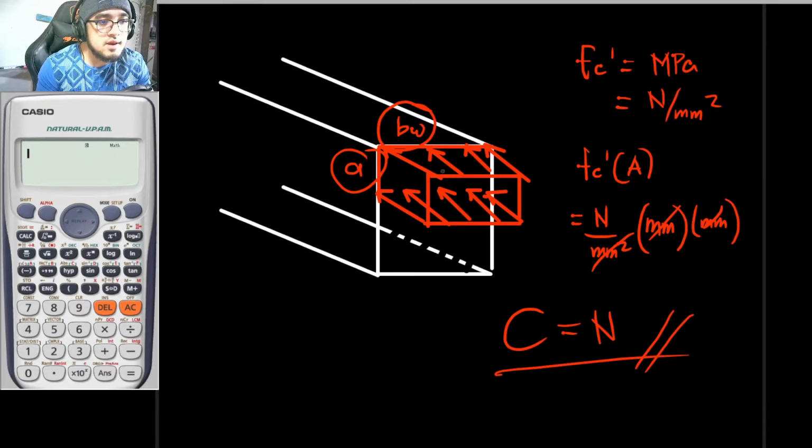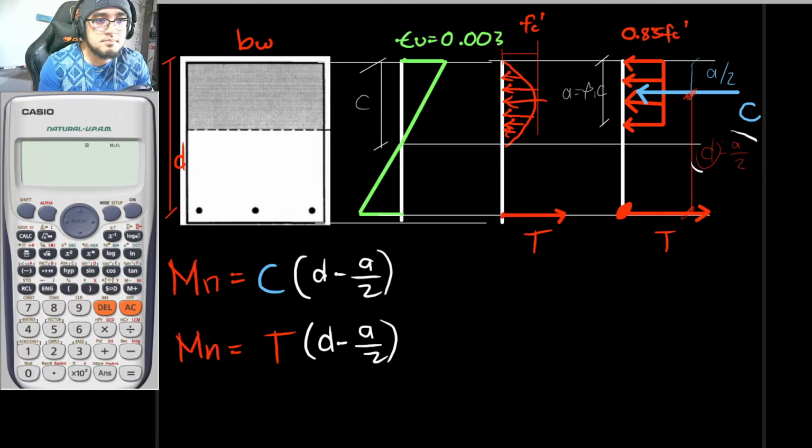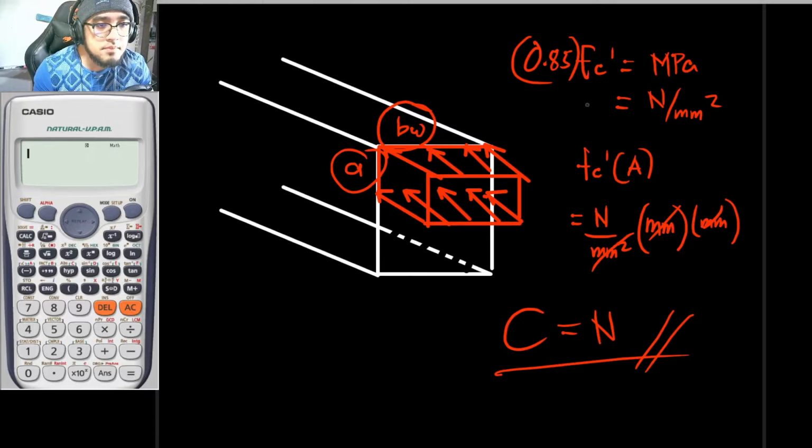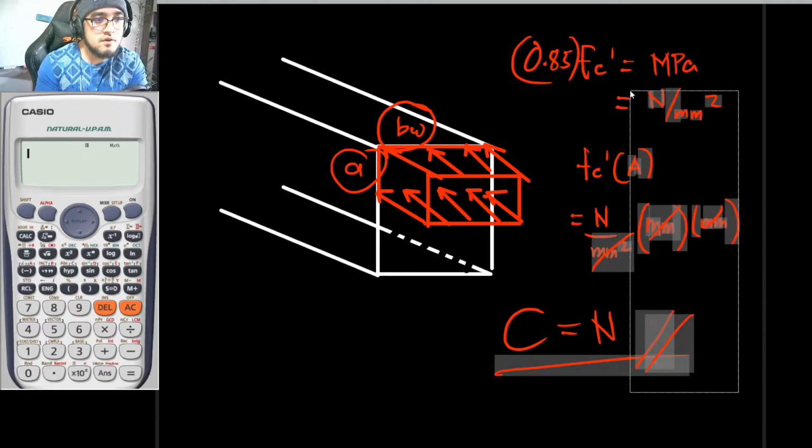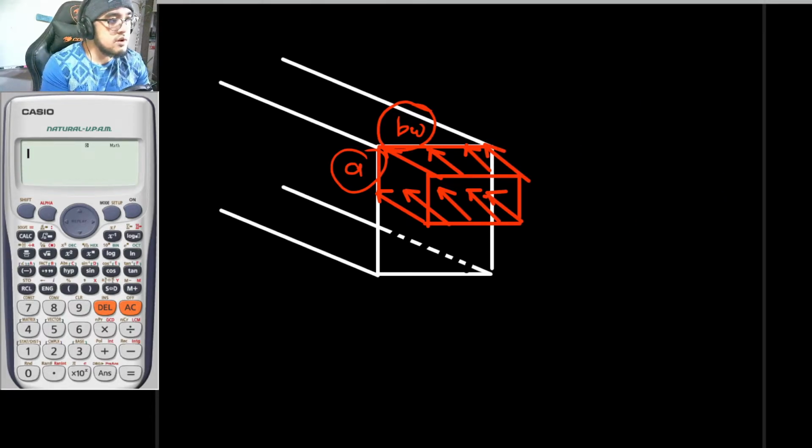So once again, that is to be 0.85. Oh, by the way, guys, this is 0.85 as per this equation. So this is from Whitney's stress diagram. So 0.85 Fc prime times A times BW. So once again, to solve for the compressive load, or the resultant of the compression force, it would be directed at the middle part, which is approximately here.